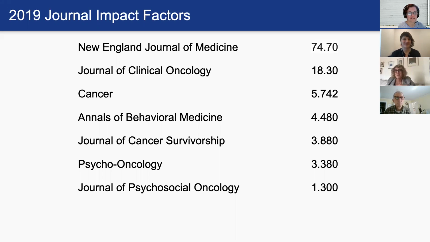It's sitting in the middle, though it bumped up a point over the past year. For a master's thesis, for a smaller slice of a study, I might go to the Journal of Psychosocial Oncology. I might not because it's under 2, but that doesn't mean you shouldn't. Psycho-Oncology. So again, look at all your journals' impact factors together. That shouldn't be the main consideration. Next slide.